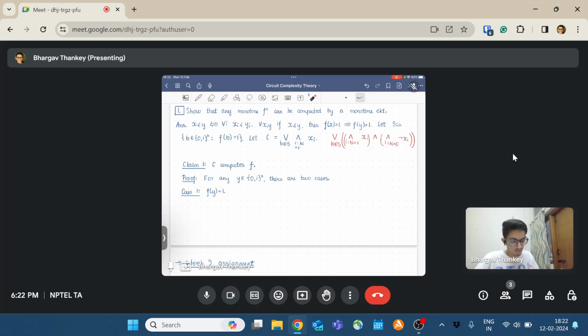Right. Now what we are doing is we are just removing this part, and that gives you this expression. So first, are you convinced that this is the circuit that we discussed in the informal overview? Yes, yes.